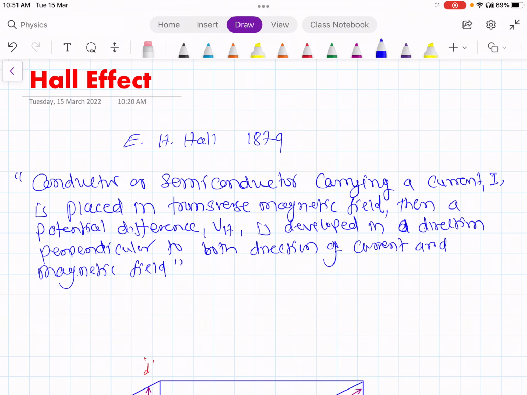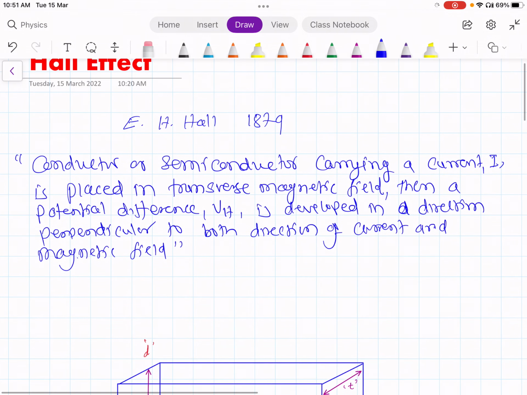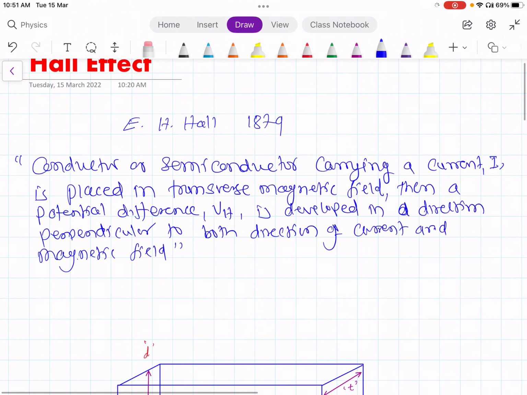That is Hall effect. In this case, we are talking about the semiconductor, so we will consider a slice of semiconductor whose width is d and the thickness is t.